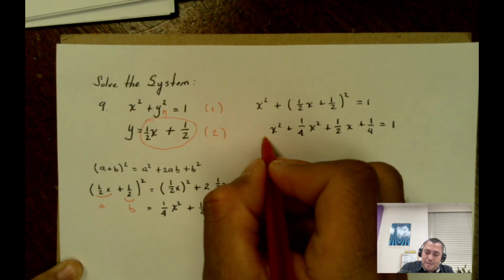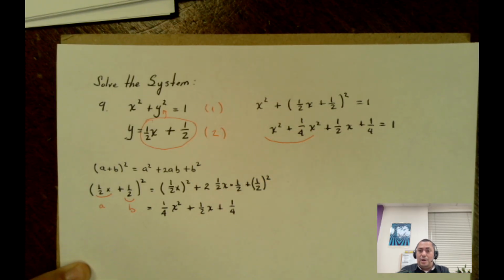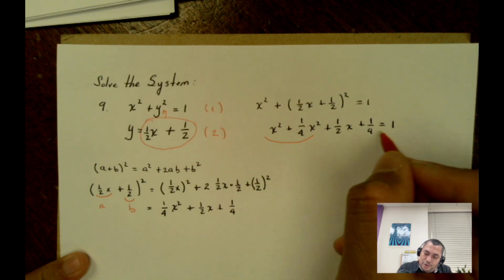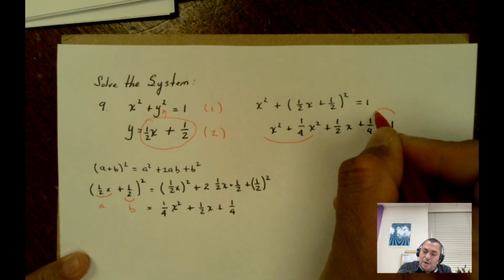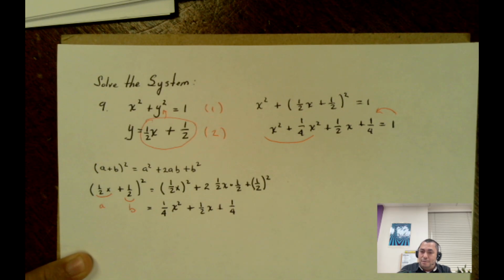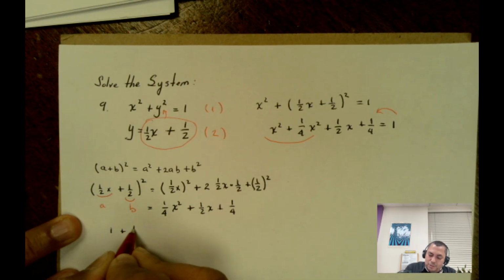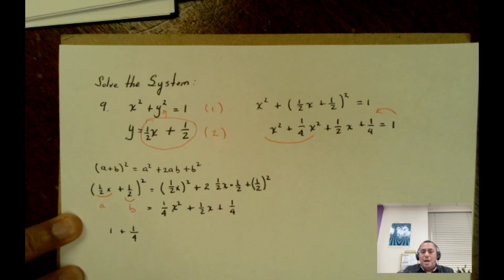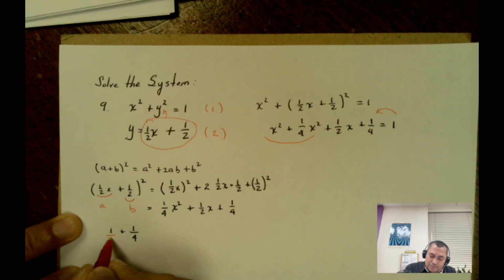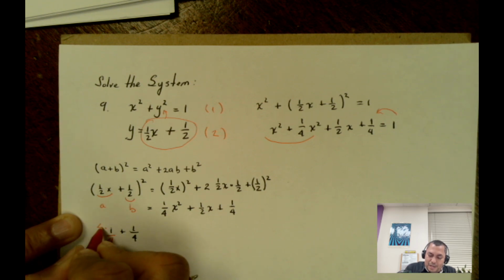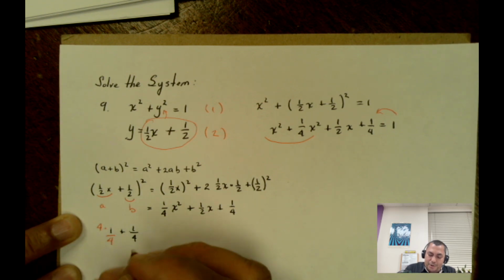Now I'm going to simplify. These two are like terms. Also, I'm going to move 1 to the left, and then we simplify. So what I have is 1 plus 1/4. And remember, I like to work with the same denominator, so I need a denominator of 4. But if I put the denominator, I need to multiply the numerator by the same number.